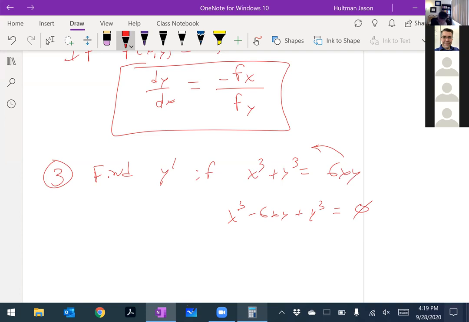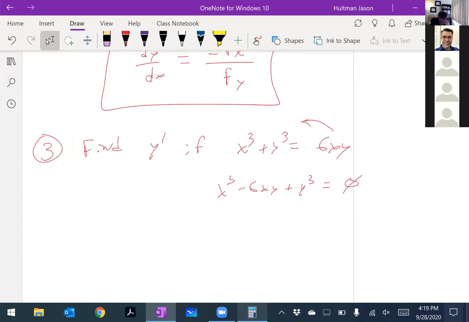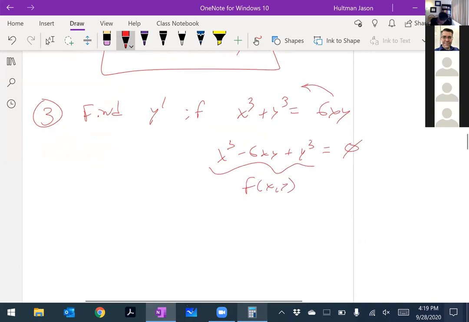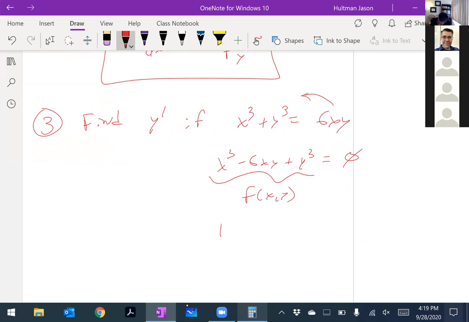Now what do I want to do? I want to find my partials. This thing is f of x, y. What's f sub x of this thing here?